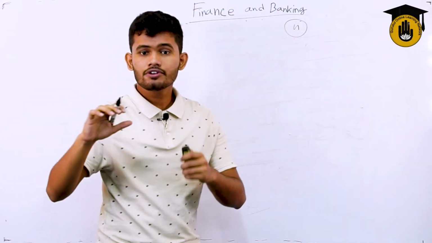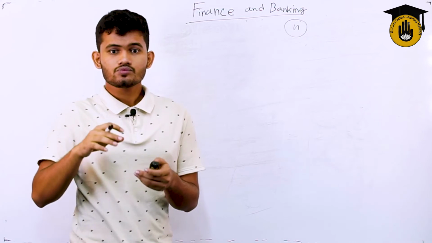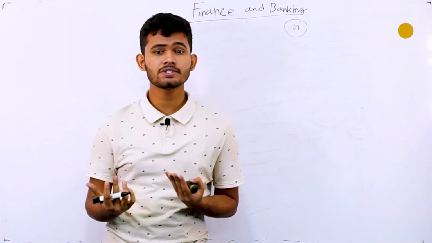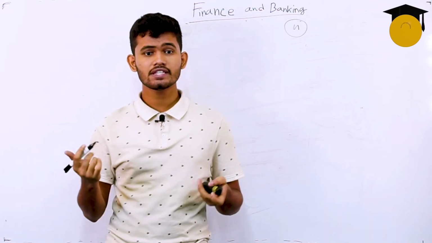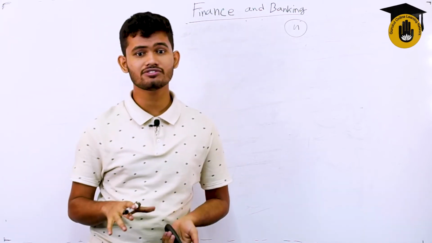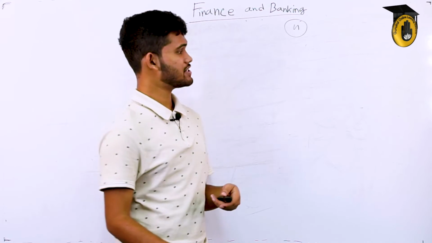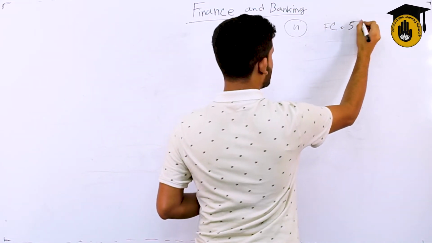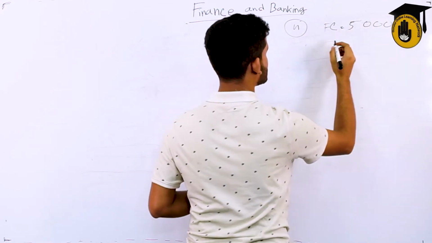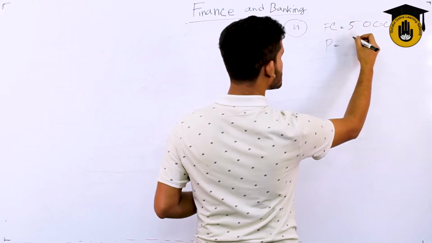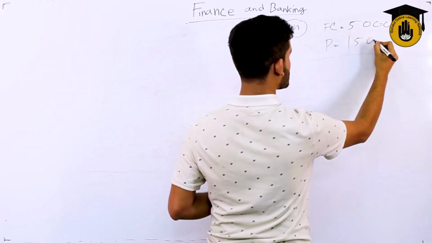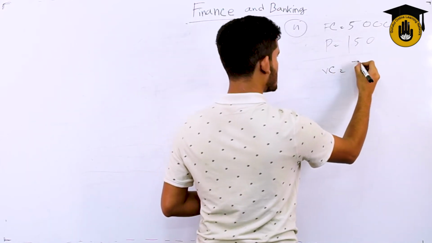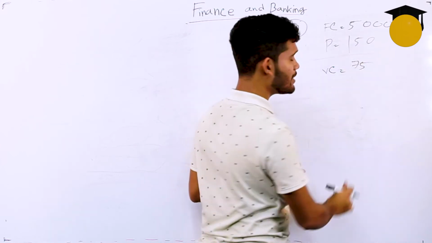Situation 4. What are we going to increase over here? Situation 4, effect of all 3 situations is considered together. So let's see what happens if we combine all the 3 situations. In all the 3 situations, our FC was 50,000 in situation number 1. Our P, the price per unit, was 150 in situation number 2, and our VC was taka 75 in situation number 3.